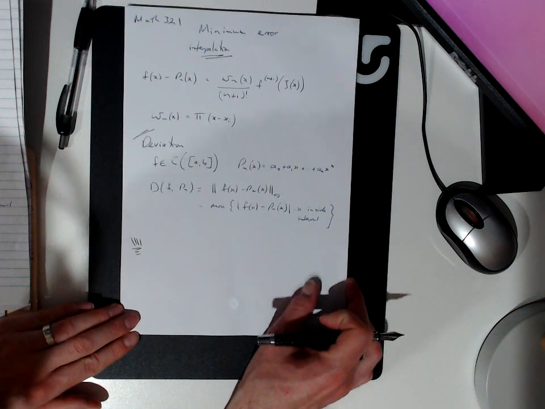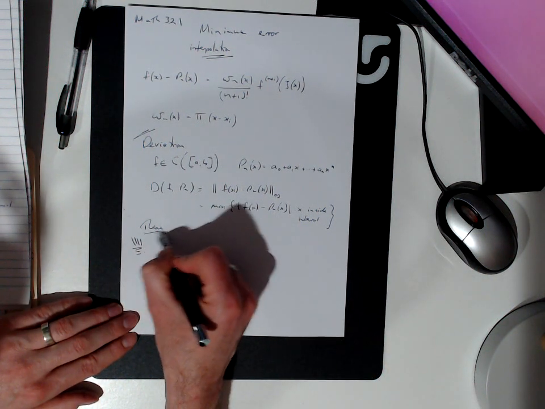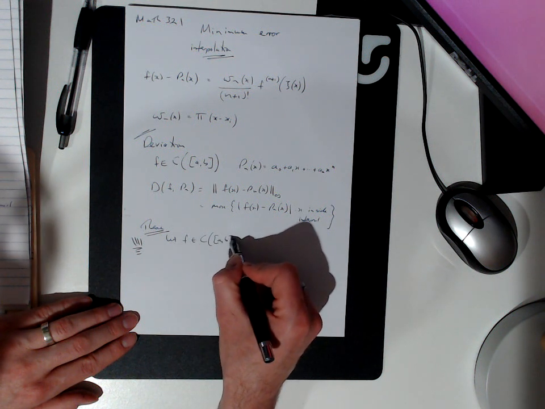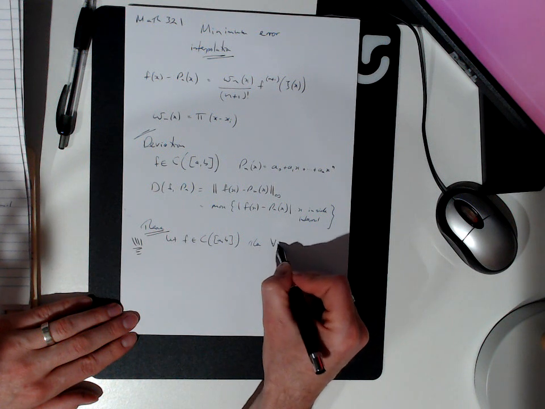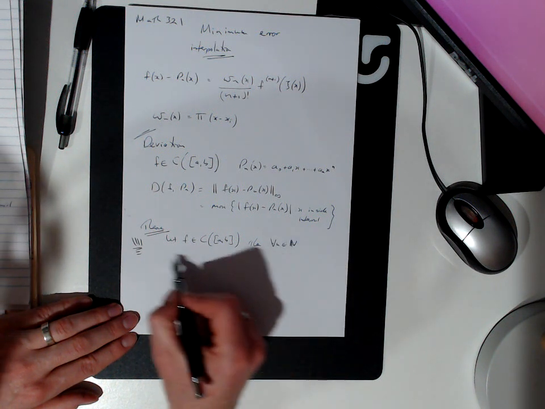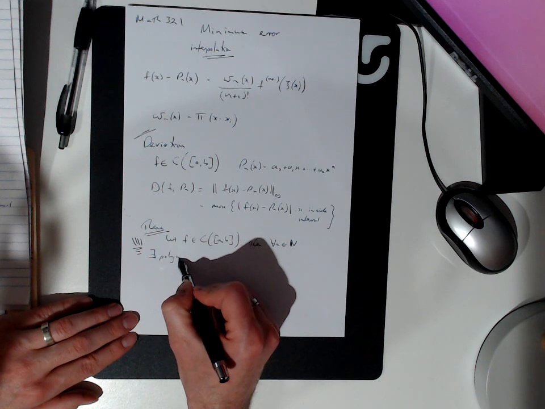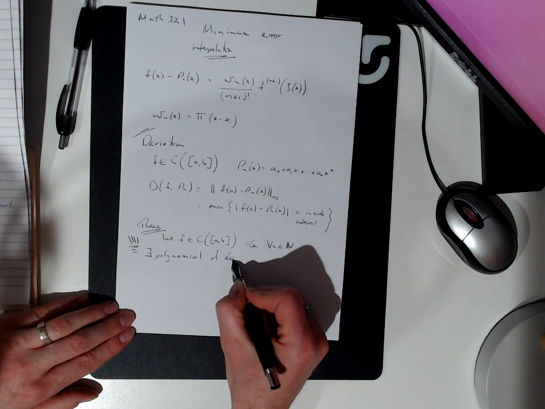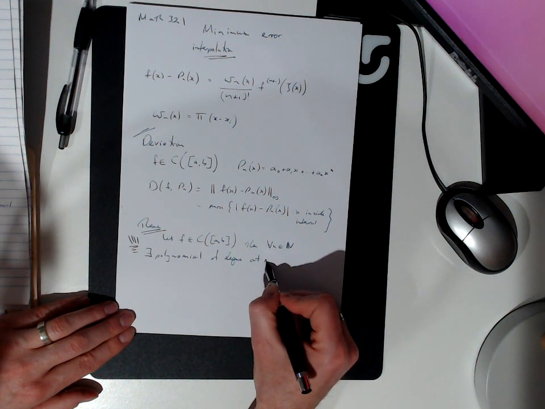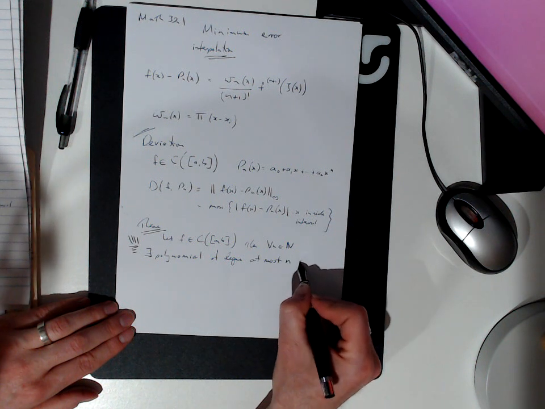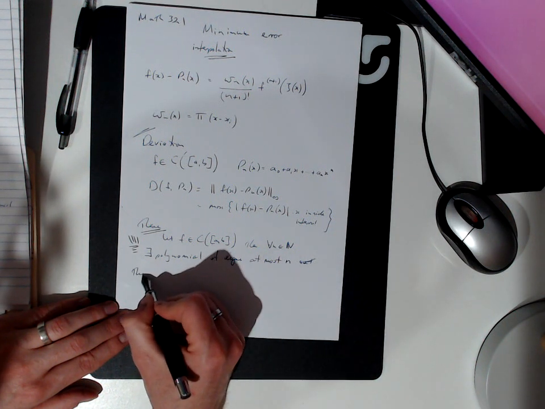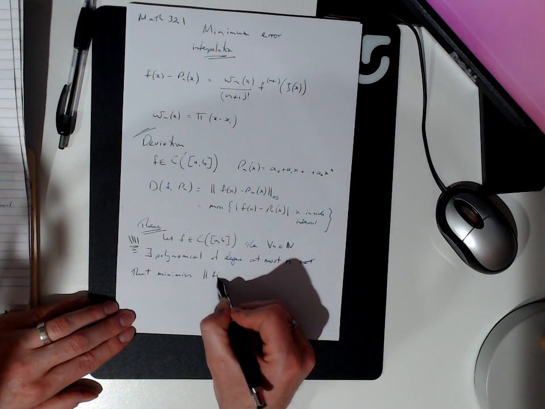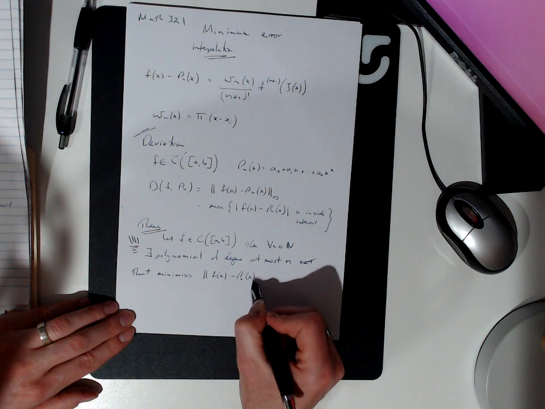So there's a nice little theorem about these. For all n, there exists a polynomial of degree at most n that minimizes the deviation over all polynomials.